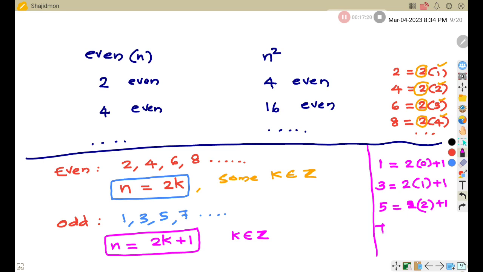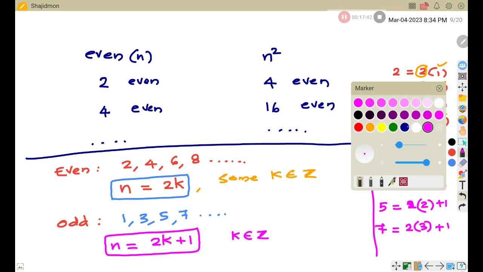Same way you can write any whole number. For example, 7: 2 multiply 3 is 6, plus 1, that is 7. So an odd integer we are always writing as 2k plus 1, 2 multiply k plus 1. Only 2k means even number, 2k plus 1 means odd number. So I hope you understood how to write odd and even numbers generally.